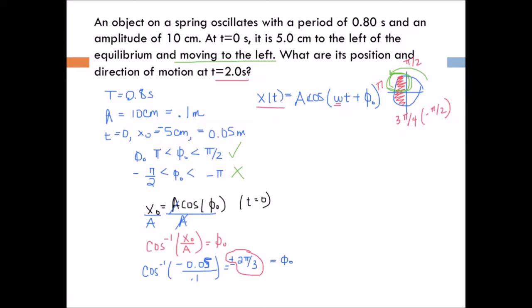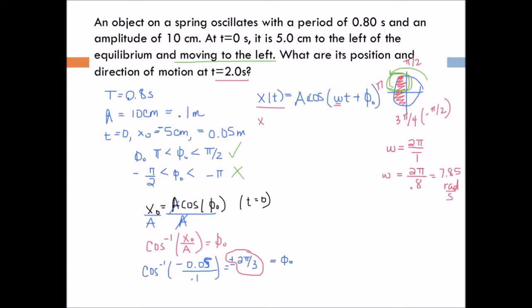So in order to do that, I need to say that omega is equal to 2 pi over T, which is what we saw in our last video. That omega is 2 pi over 0.8 seconds, which is going to give me a value of 7.85 radians per second. So again, this is my value for omega.